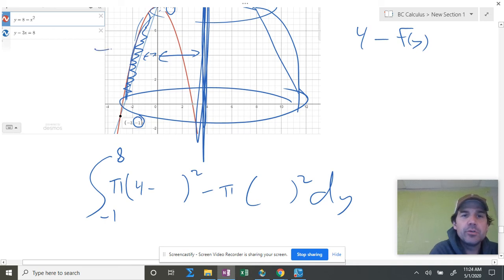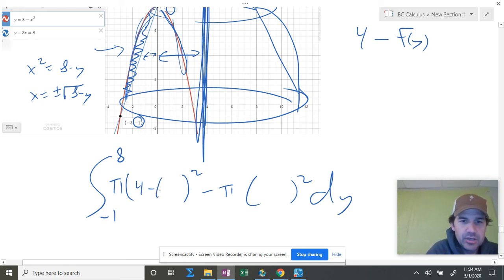When you solve for that function, you would get x squared equals 8 minus y. So x is going to equal plus or minus the square root of 8 minus y. This would be the positive part over here. We want the negative one. So we want the negative square root of 8 minus y.